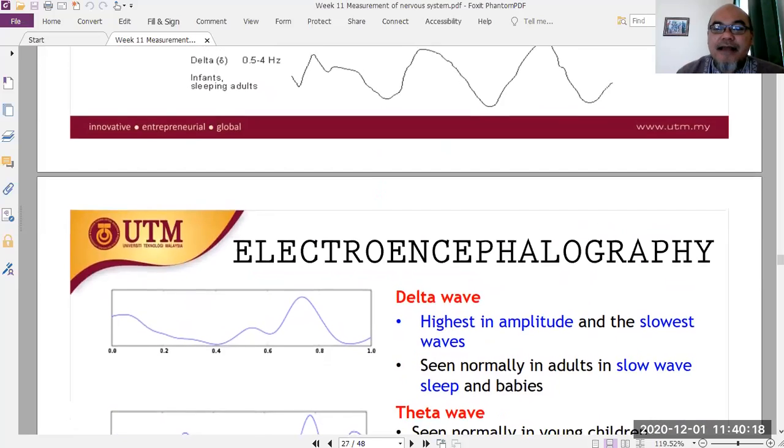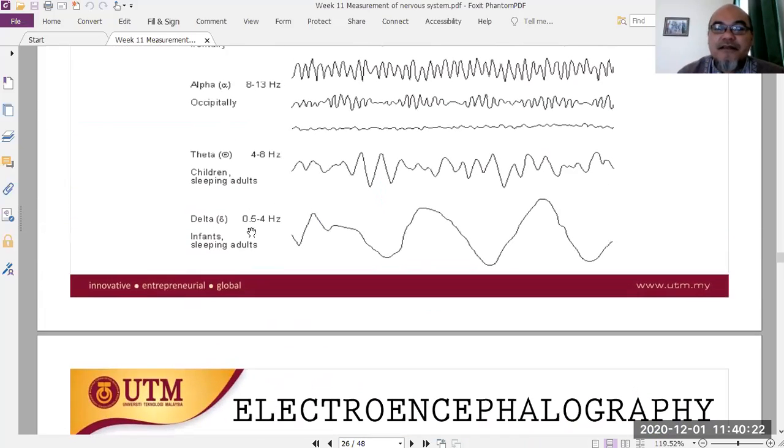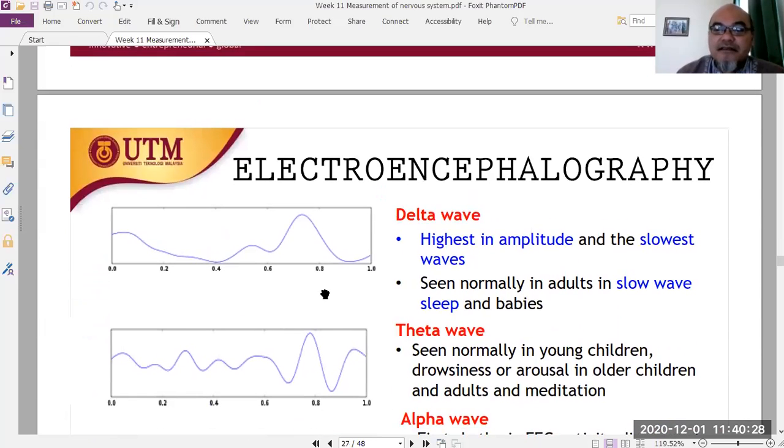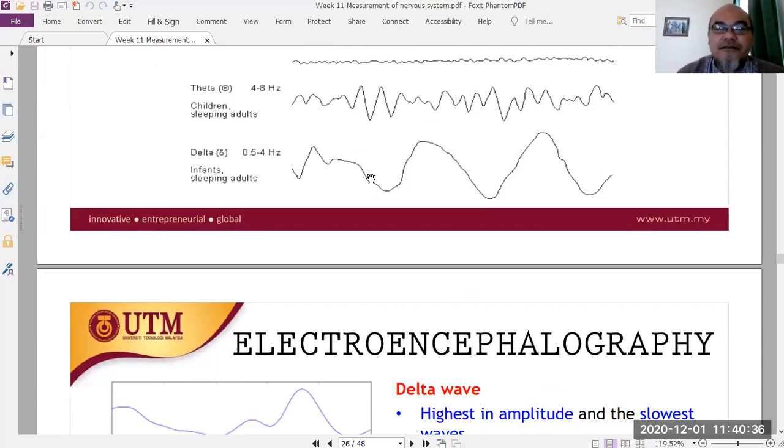It is highest in amplitude but the slowest wave, yeah, that's why it's 0.5 until maximum only 4 hertz. Seen normally in adults in slow wave sleep as well as in babies. Theta wave, so theta wave is this part, 4 to 8 hertz.